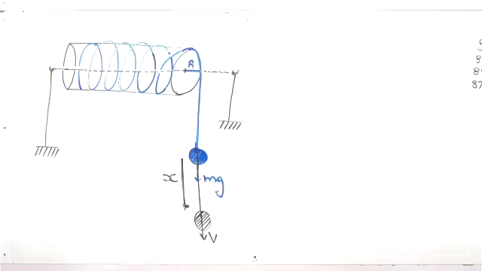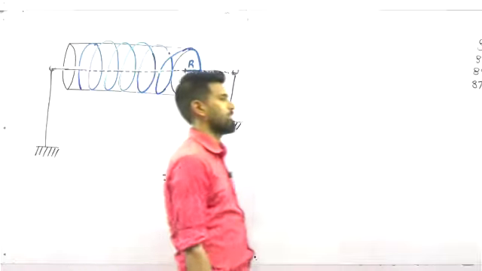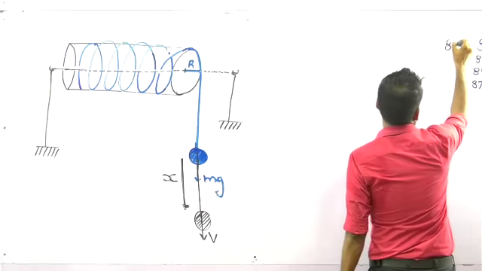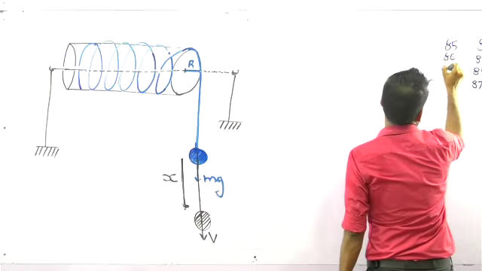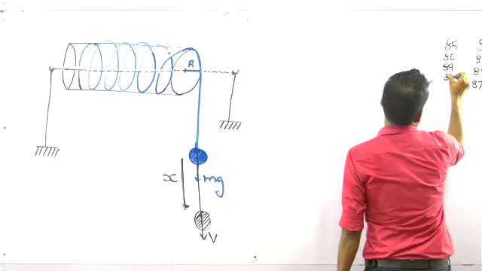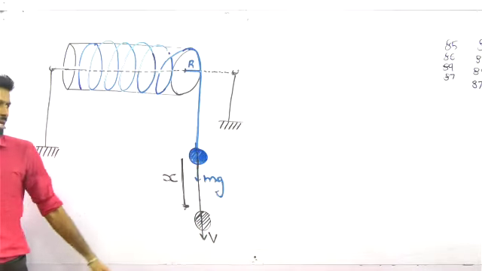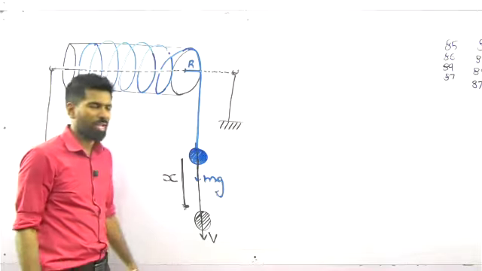How can you do that? What is the way to do that? Question number 87. Now, this is my idea. First of all, I have to mark the weights.